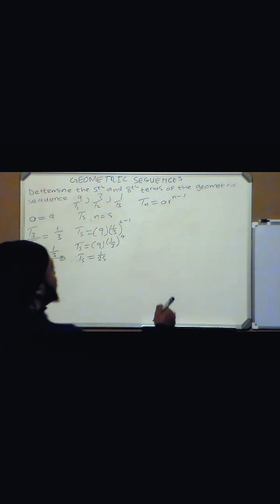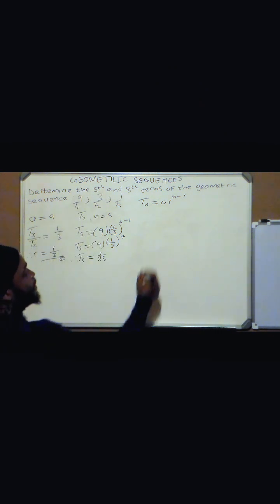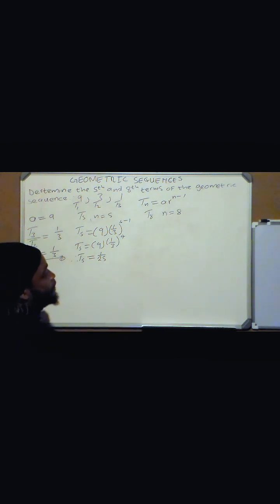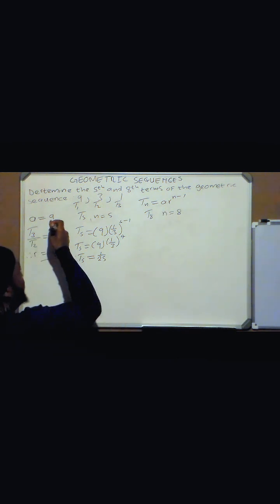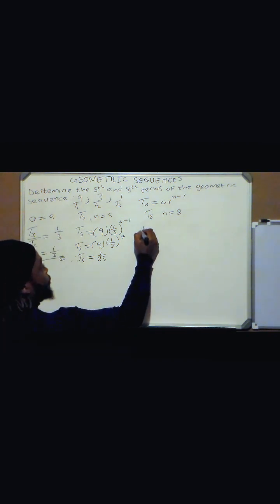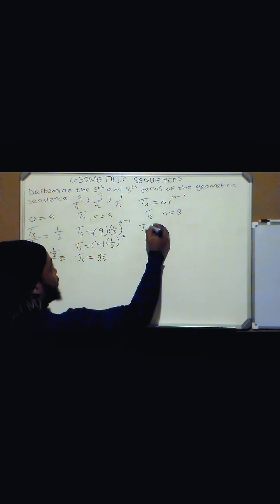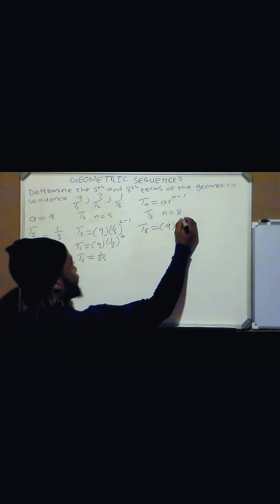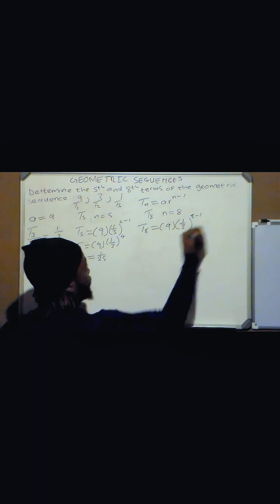Then we go on to find the 8th term. Same thing. For term 8 we know that the value of n should be 8, right? We have the a value, we have the common ratio. So T8, substituting into the equation, is equal to the a value 9 multiplied by the common ratio 1 over 3 to the power of the n value, so that's 8 minus 1.